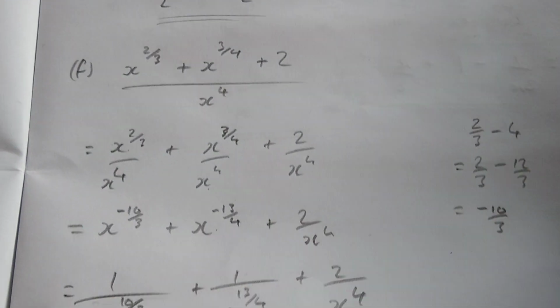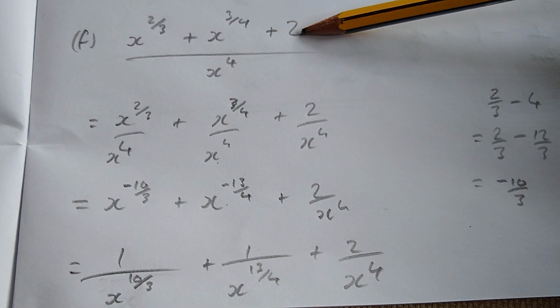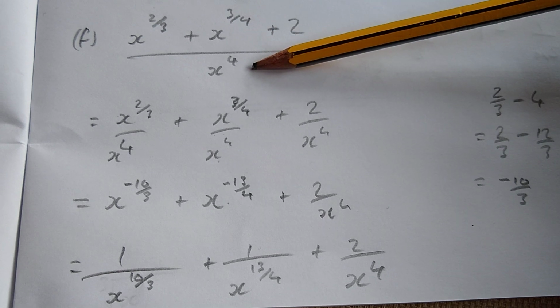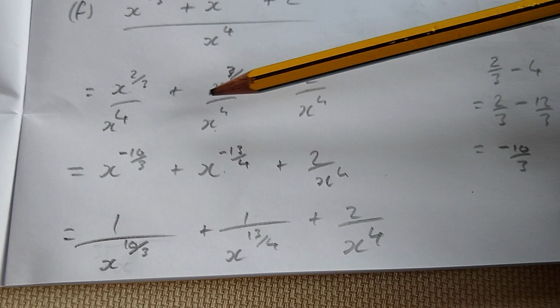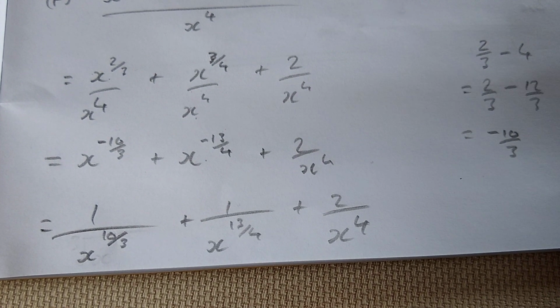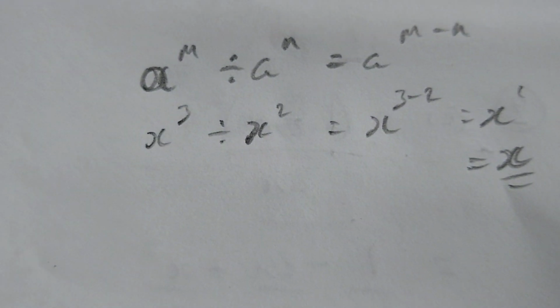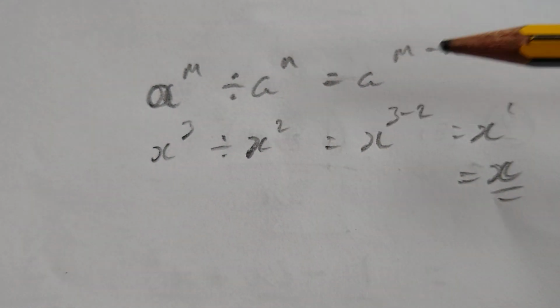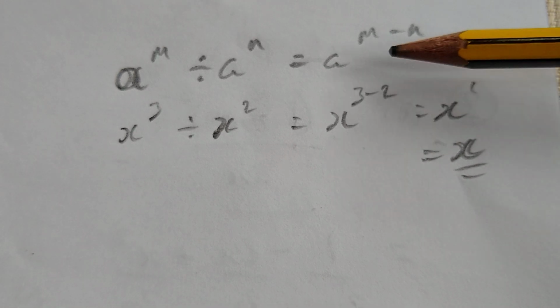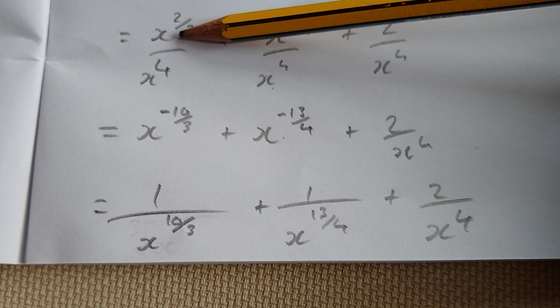Right, so we need to split this up into 3 separate fractions. We're dividing everything here by x to the power 4. Now, again, just like we did in the previous question, we are using this law of indices. I know I'm going to be subtracting the indices or the powers here.